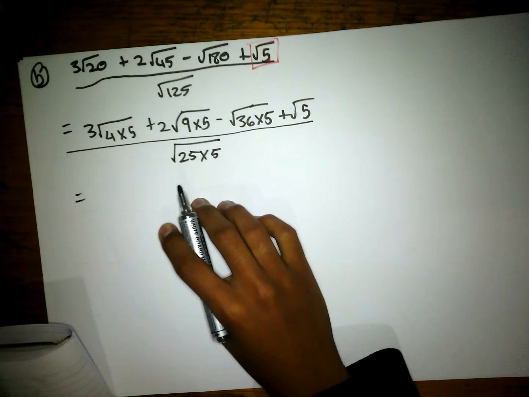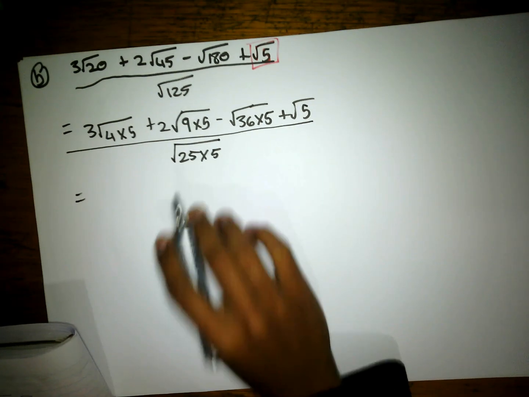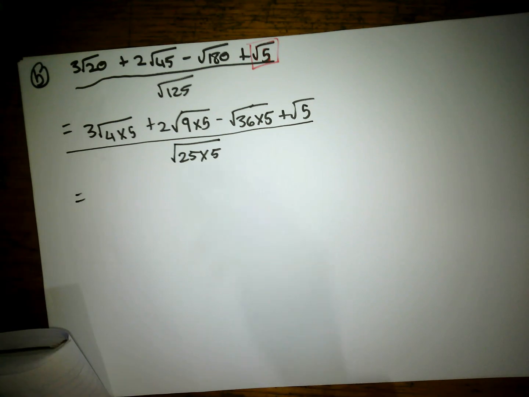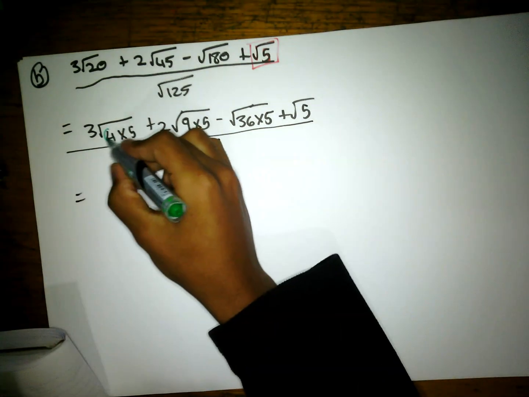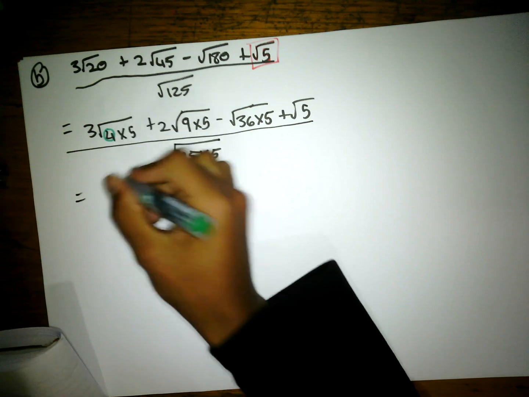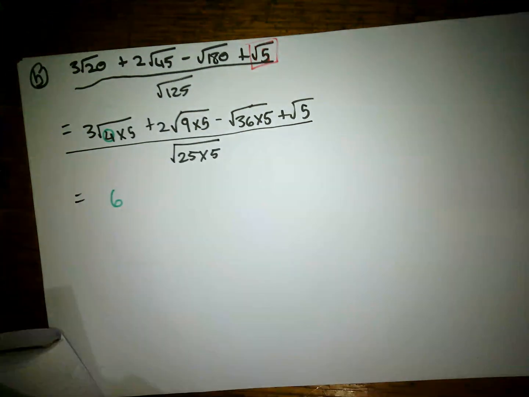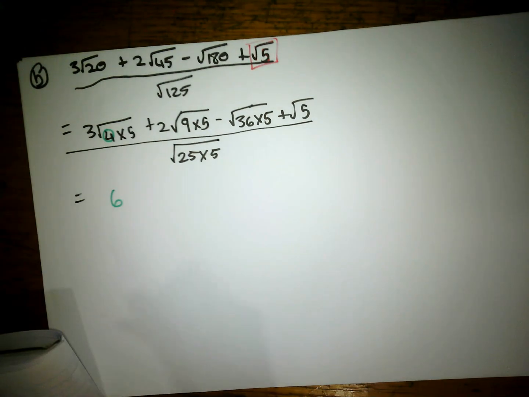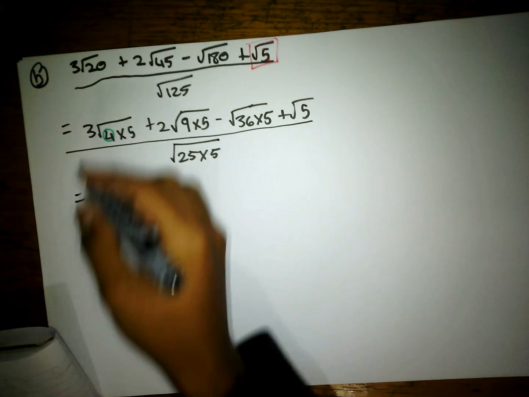And then what we do is the same as the last question we did. Square root 4 is 2, times 3 is 6. But let me write it like this rather.